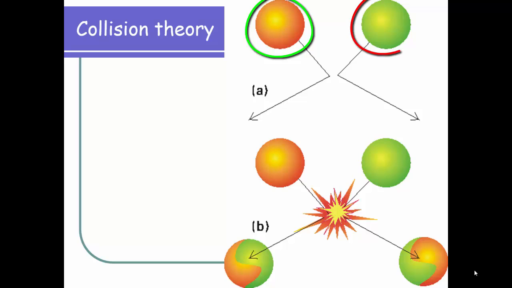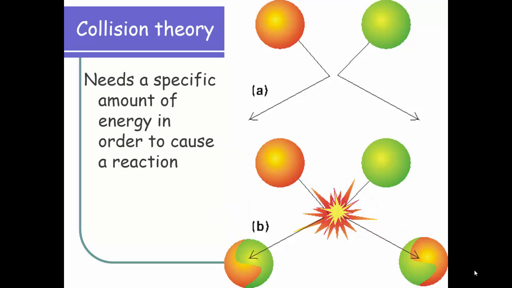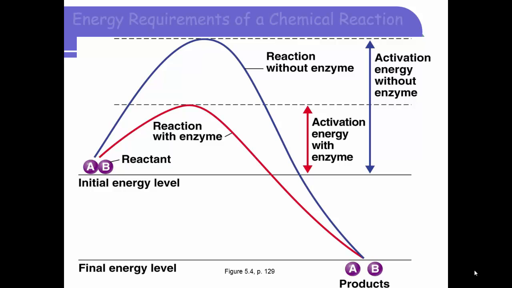The orange and green balls smack into each other, and we have a change in each of those balls. And in order to do that change, we have to have that specific amount of energy in order to cause the reaction to occur. The balls may gently touch, but there would not be enough energy to actually cause the chemical reaction to occur.